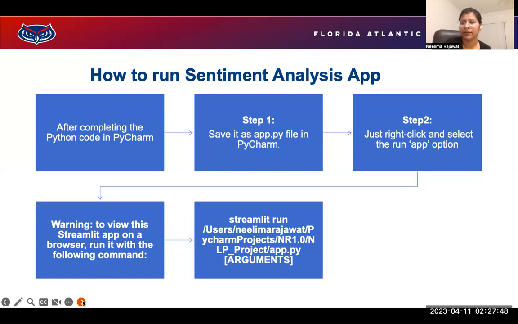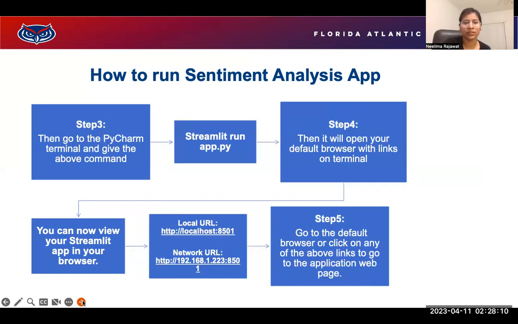When I did that, I got a warning message that said to view this Streamlit app on a browser, run it with the following command. They have given streamlit run, the path, and my app name. So basically they asked me to go to the terminal.